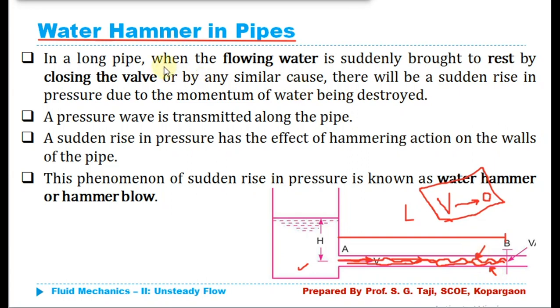If we look at the definition, it is the phenomenon in which a sudden rise of pressure takes place due to the closing of a valve, that is, due to suddenly decreasing the velocity of water to zero. In that case there will be a sudden increment in the pressure and a pressure wave will be generated, and this increase or decrease in pressure, or pressure wave, is known as the water hammer effect.